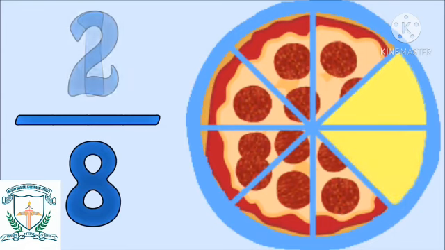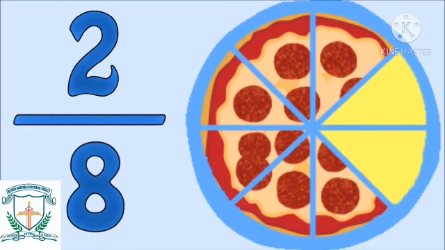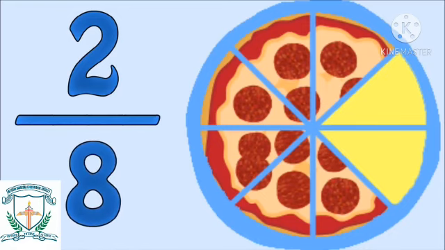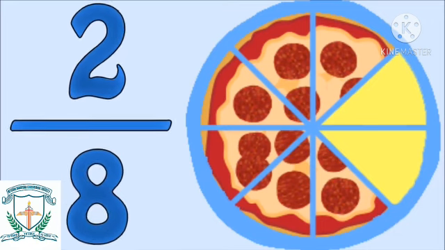If you eat 2 slices of a pizza, then 2 will be the numerator. The denominator will still be 8 since there are always 8 slices of pizza. That would mean you ate 2/8 of a pizza.